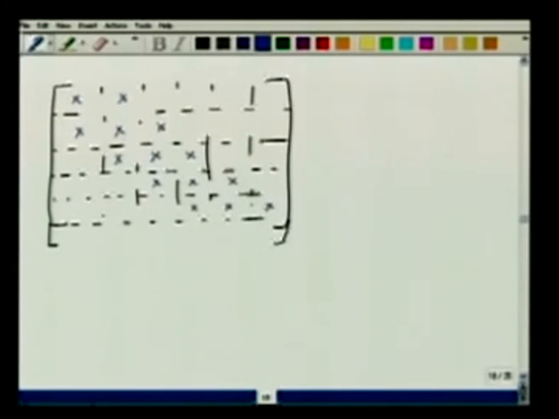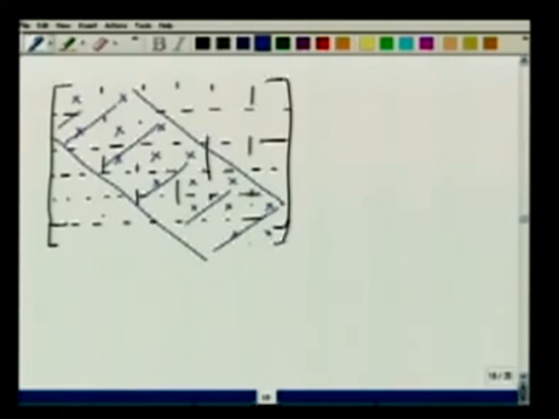And for the sixth one, you will have the fifth and the sixth. So you see that this is a matrix which has non-zero entries in only this small band. So this is called a banded matrix.